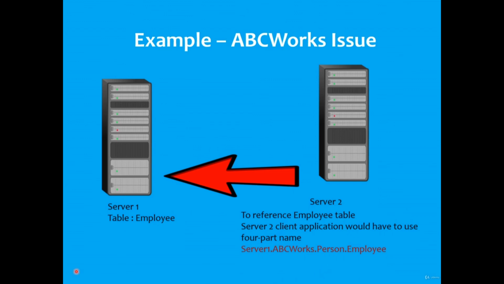Also, if the location of the table were to be changed, for example, to another server, that is Server 3, the client application would have to be modified to reflect that change. So these are the two issues that we come across.